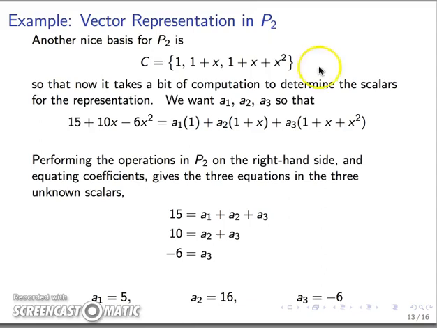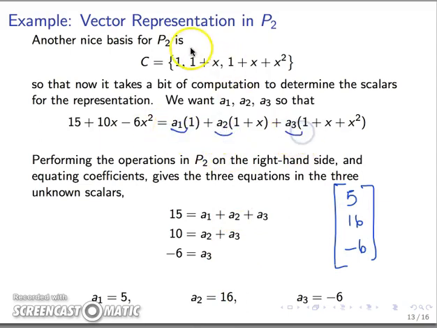And then, so in other words, we put those values stored into a column. So this is 5, 16, and minus 6. Those are precisely the values needed to write A1 V1, A2 V2, and A3 V3, right?